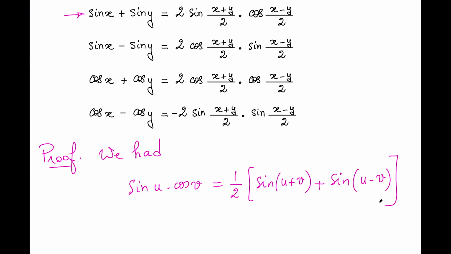Correct? So just compare this to this. What can you see? On one side I have a sum, on this side I have a sum. On the other side I have a product, and this side I have a product. It looks like these guys are the same as this, but they're swapped, correct?